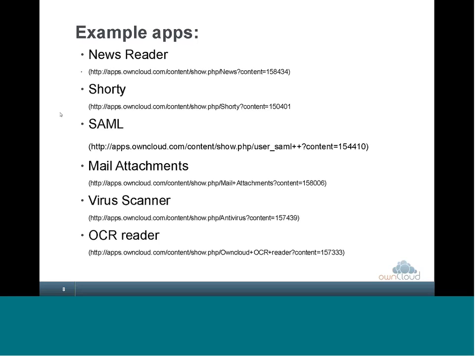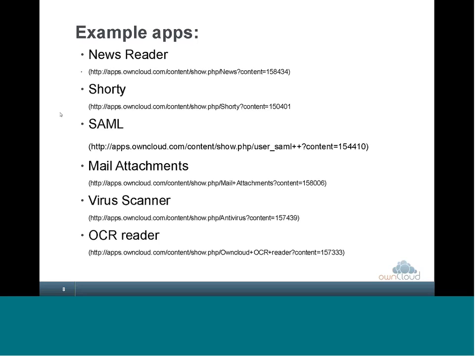You can just install it in ownCloud and you can run your own shortening service. And so as you can see, already those two examples, they really have nothing to do with the main functionality of ownCloud, which is syncing and sharing of files. So those are all kinds of other functionalities, and they're all possible, even if it really doesn't have anything to do with files.